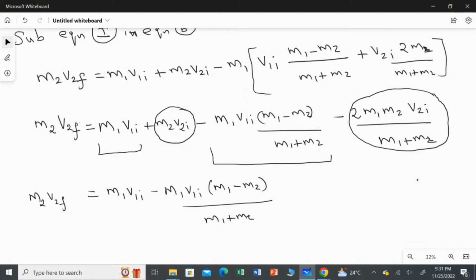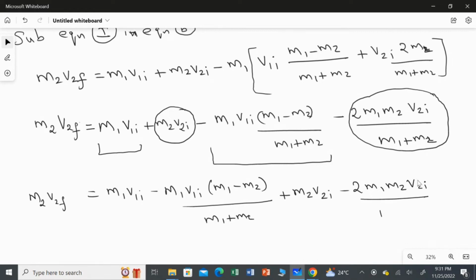So here we have plus M2 V2I, and this term minus 2 times of M1 M2 V2 initial over M1 plus M2, right?